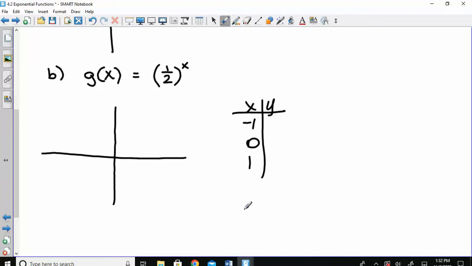What is 1/2 to the -1? 2. Just flip it. So -1, 2. What's 1/2 to the 0? 1. Anything to the 0 power is 1. And 1/2 to the first is 1/2.